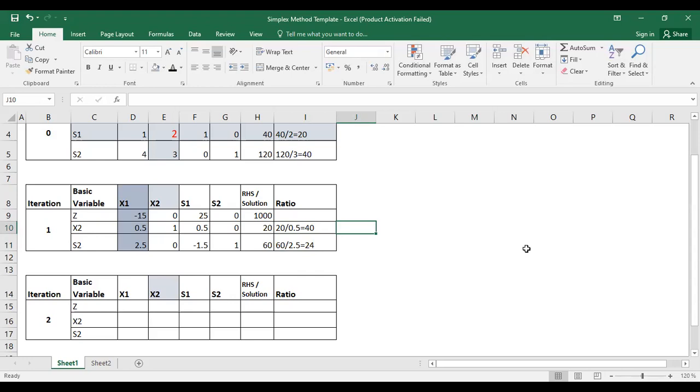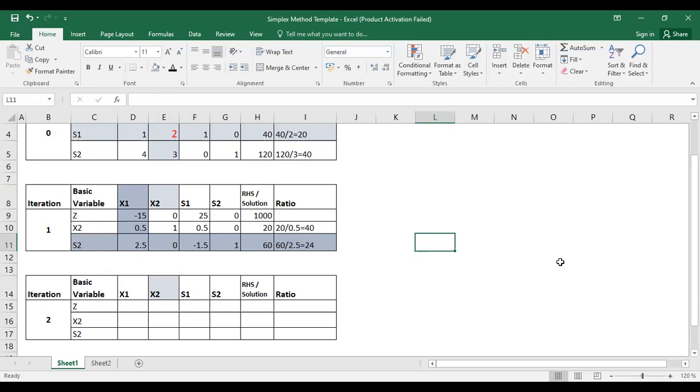Which will be our pivot row? S2, the slab 2, with the minimum ratio.